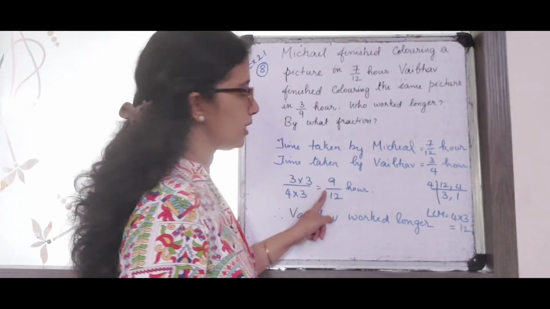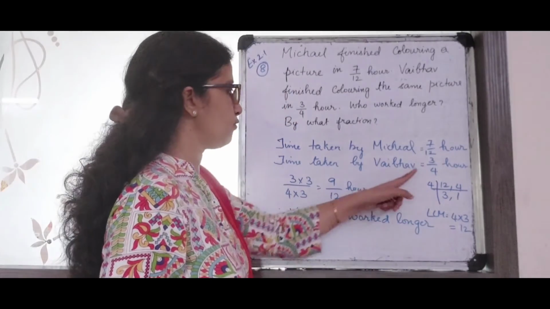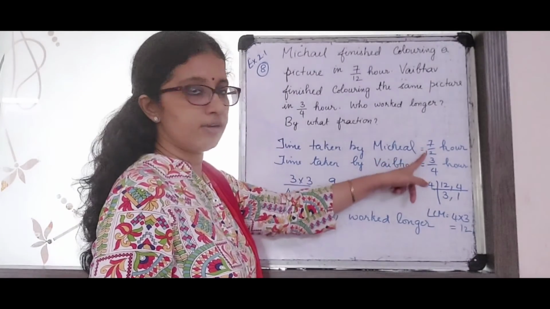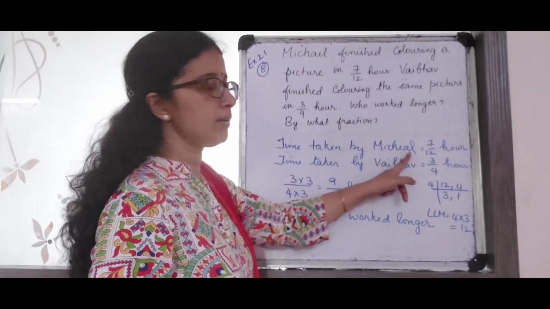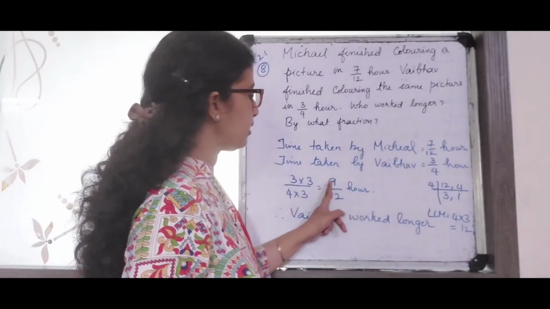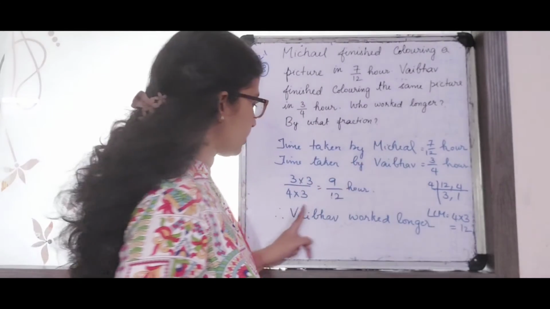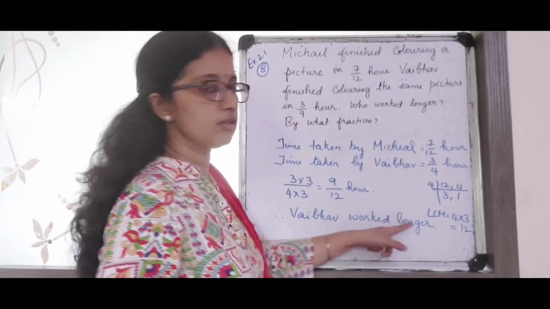Okay, that is 9 by 12 hours, right? 3 by 4 we got as 9 by 12 hours. So if we compare it with 7 by 12, which is the time taken by Michael, 9 by 12 is greater than 7 by 12. So we can conclude therefore Vaibhav worked longer.